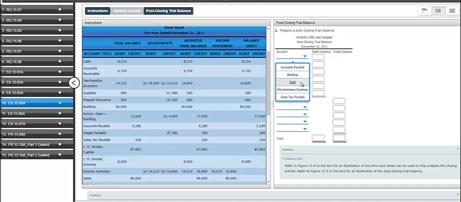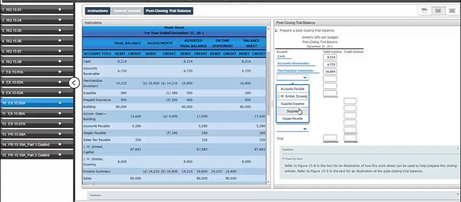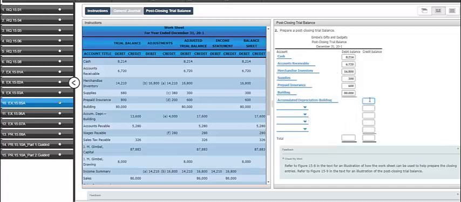So we'll start out at the top of the balance sheet and enter cash, and then accounts receivable, and then inventory, supplies, prepaid insurance, the building, the accumulated depreciation for the building, accounts payable, wages payable, sales tax payable, and then we're going to enter our capital balance.